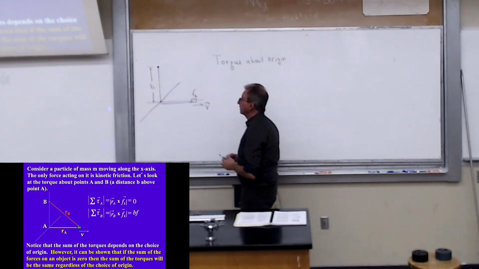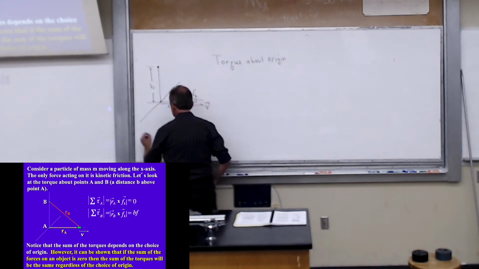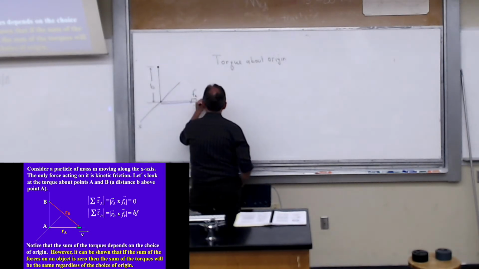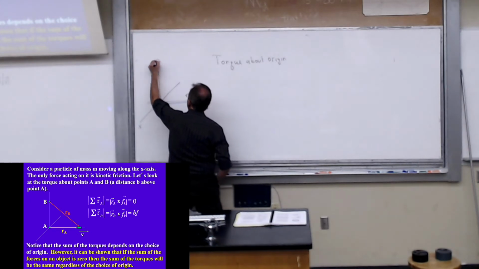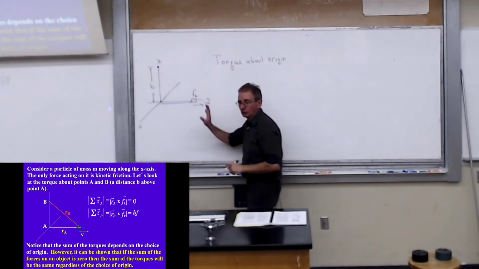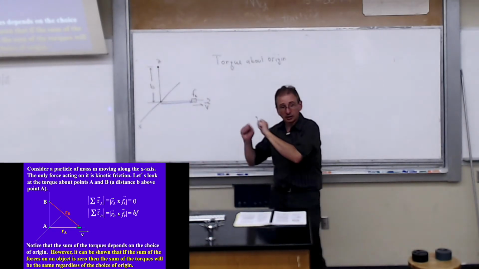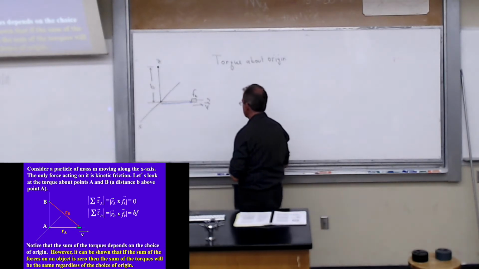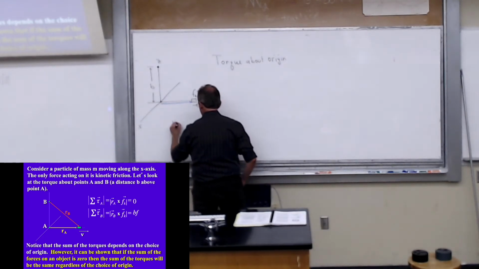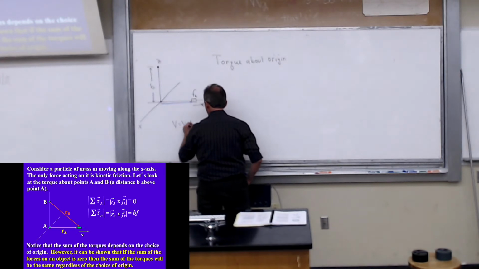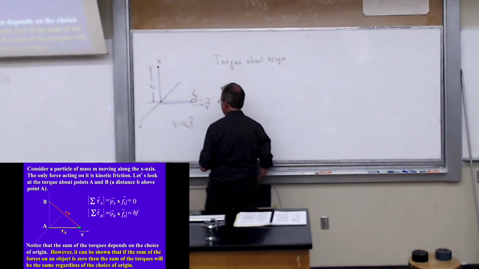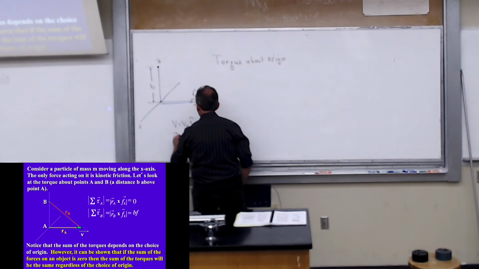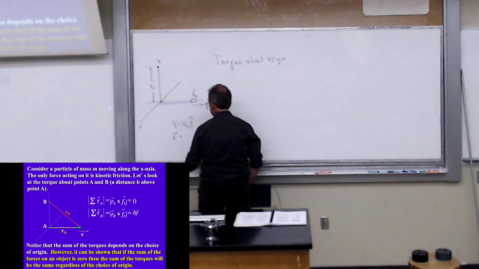Let me define my coordinate system. Let's do it this way. And so it's really traveling in the y direction, not the z direction, based on the way I just defined my coordinate system. So we can say v is v naught j, and r is, we'll call it r sub y j.